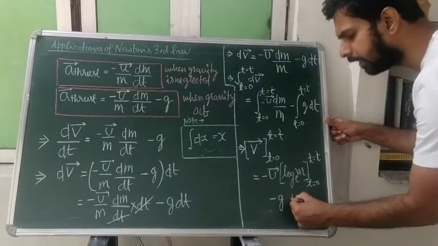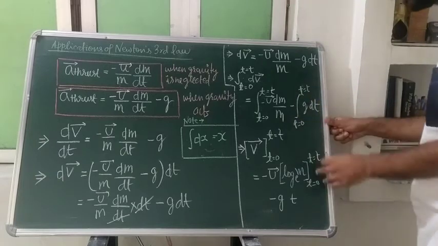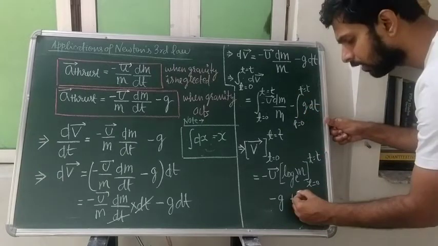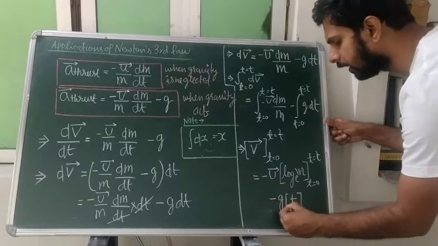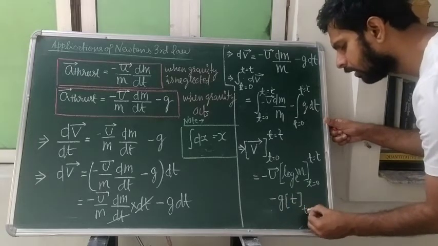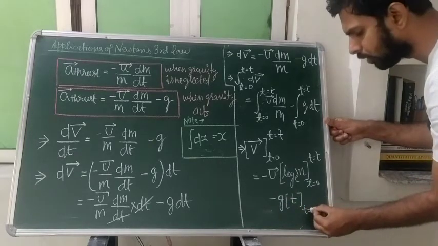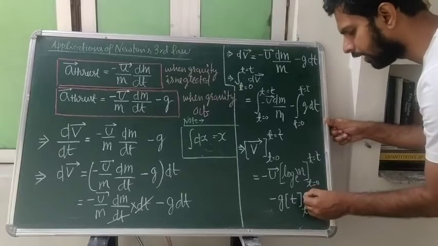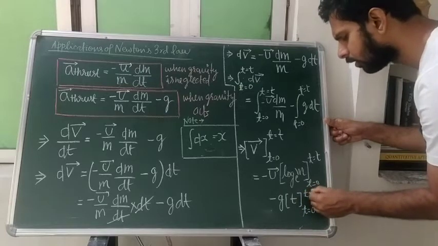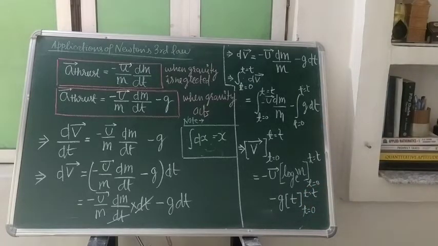It will become dt. When you integrate this dt, t will come, and t is varying from time t equals 0 to time t equals some t. Getting?